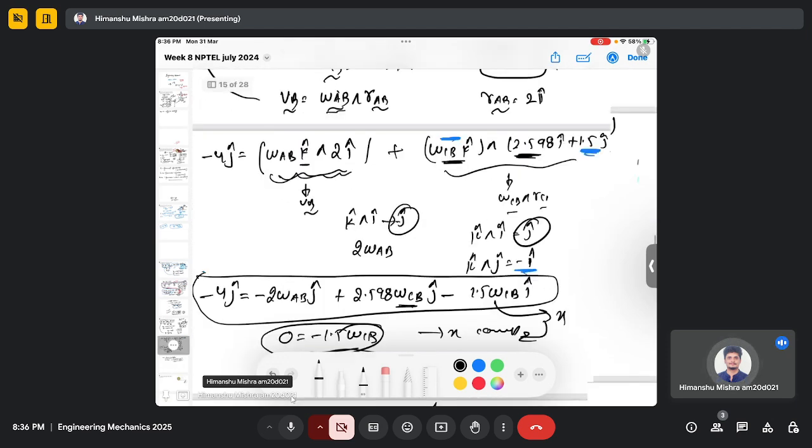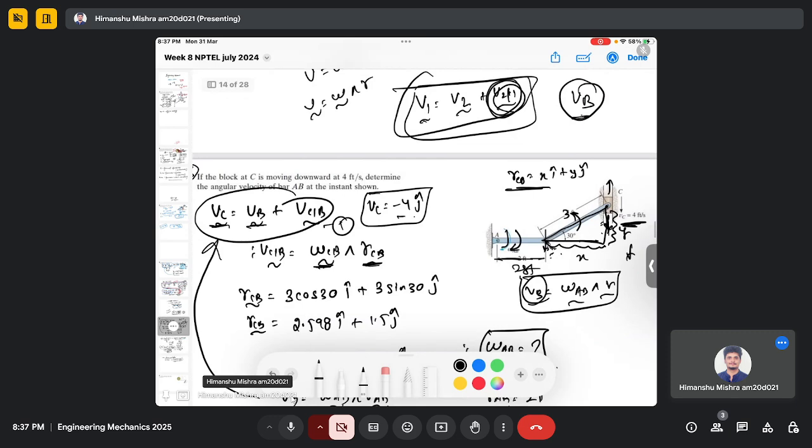So just to recap here, we use the fact that there are multiple points connected to each other, and if one point, let's say C, is moving, the other point B is also moving somewhere, having some translation velocity. When this happens we have to use this equation, Vc equals Vb plus the relative velocity between them. The major thing is to identify all the vectors. For example, Vcb can be given as omega CB cross Rcb, so you need to identify Rcb here.